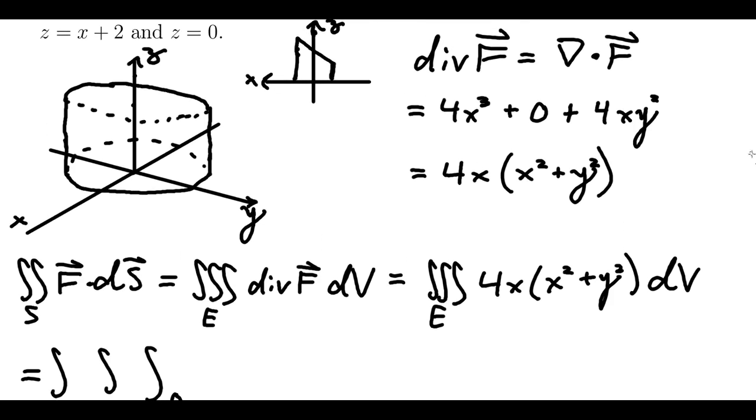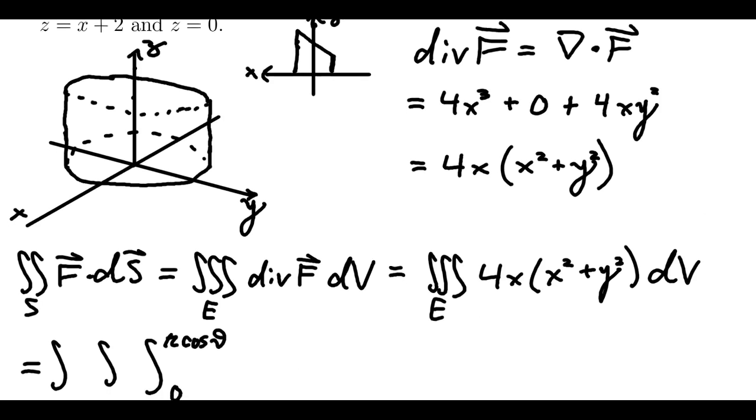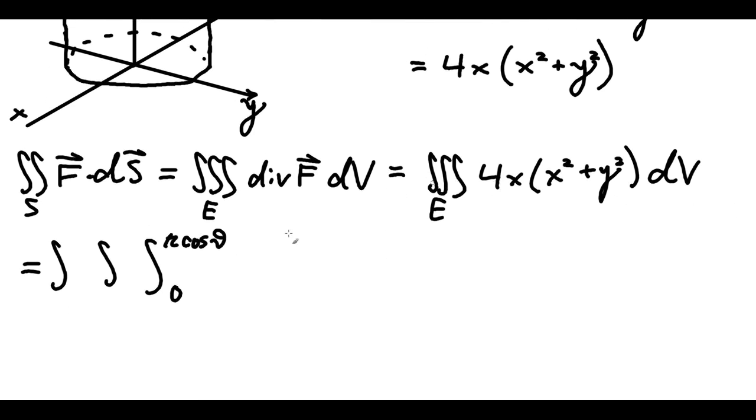Now in cylindrical, x is r cosine theta. And we have 4 times x, which again is r cosine theta, times x squared plus y squared, which is r squared, times dV. Now dV is going to be r times our differentials.